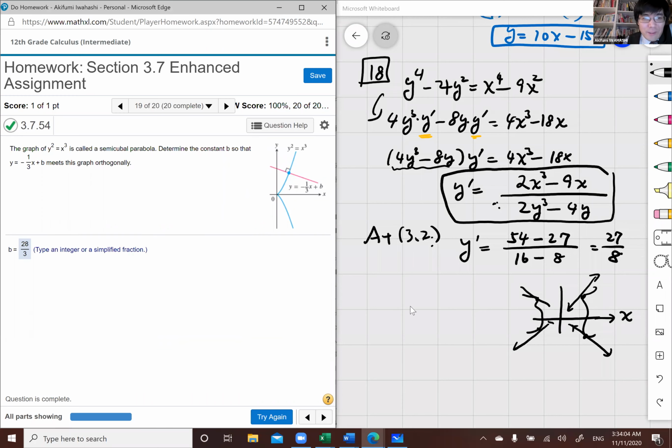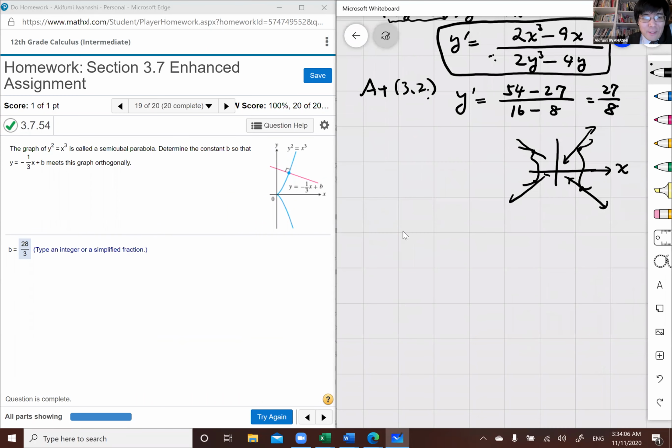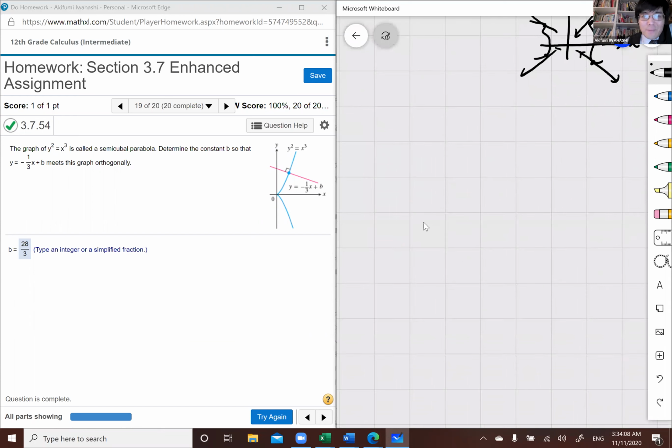Okay, 2 more questions. Okay, number 19. You have some kind of simple expression, y squared is equal to x cubed. Now you need to find the constant b so that y is equal to negative 1/3 x plus b meets this graph orthogonally.